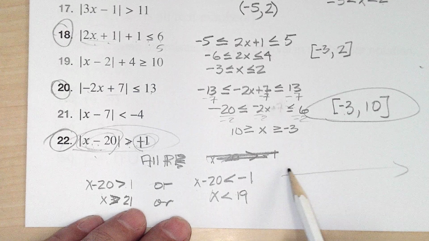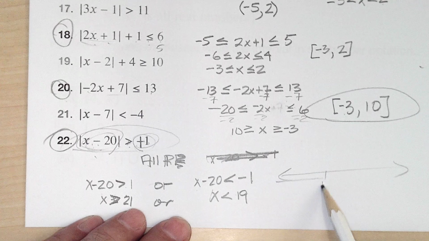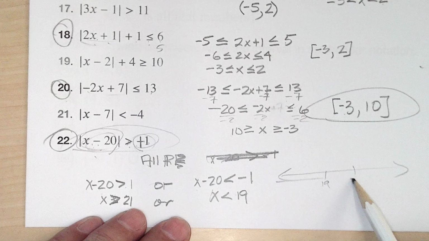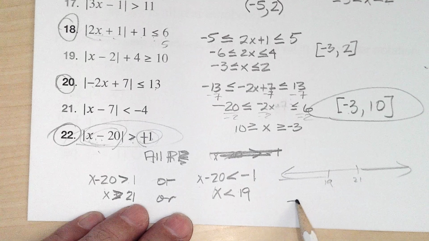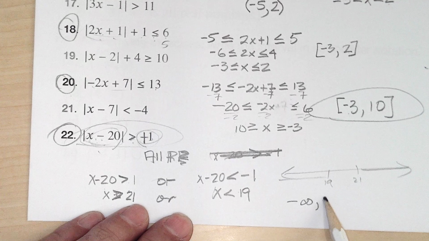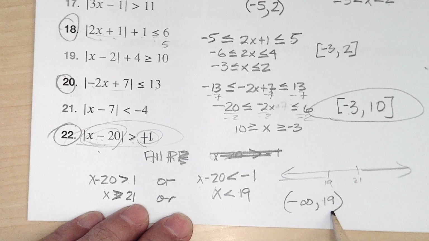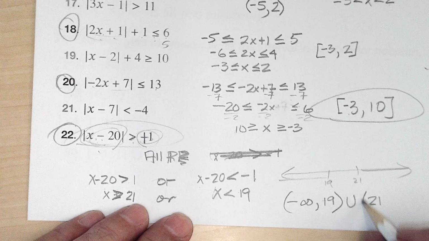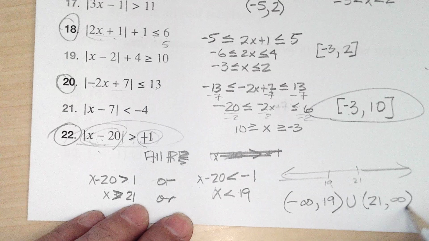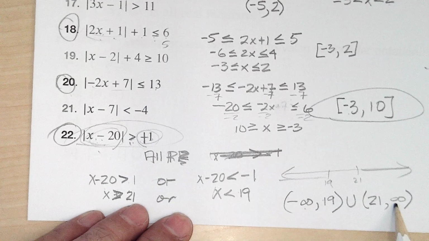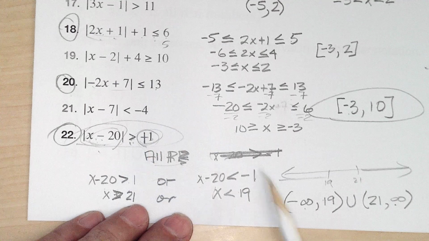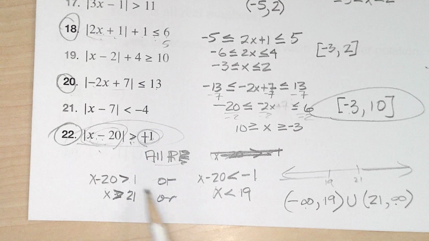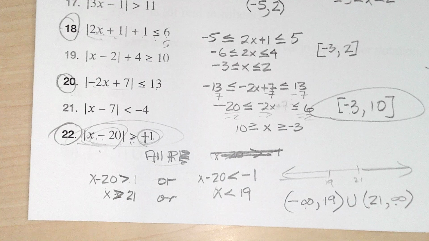So it would be from negative infinity up to 19, not including 19, union from 21, not including 21, up to infinity. So a greater than will always have two pieces unless this is a negative, and a less than will have in between one piece. So that's 22, a modified 22.